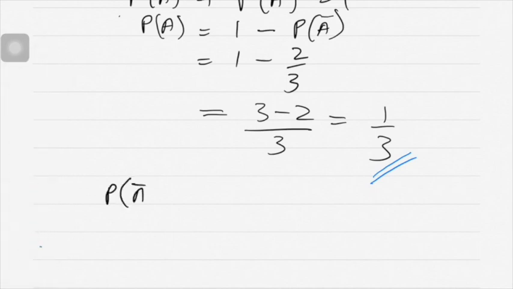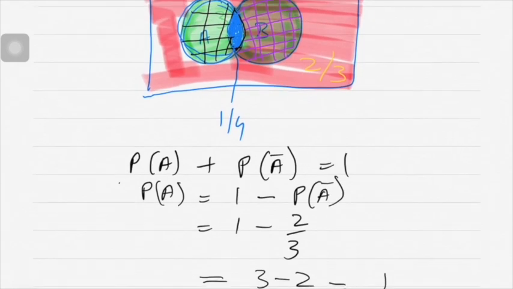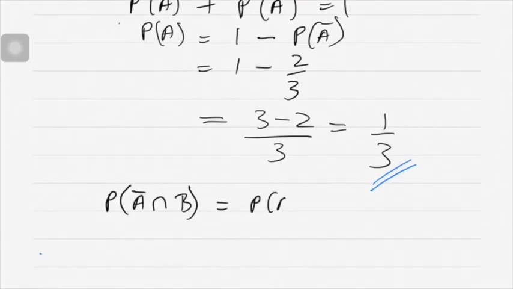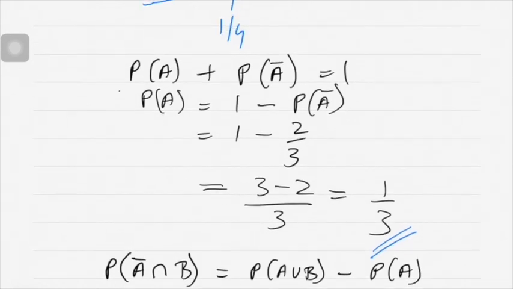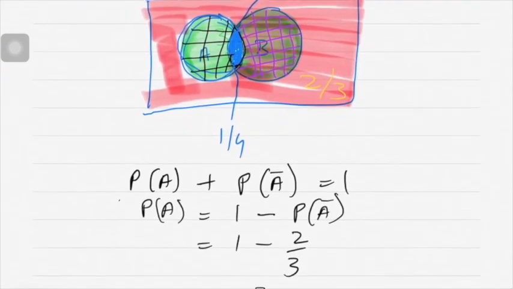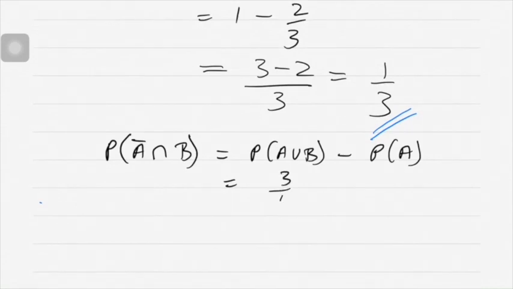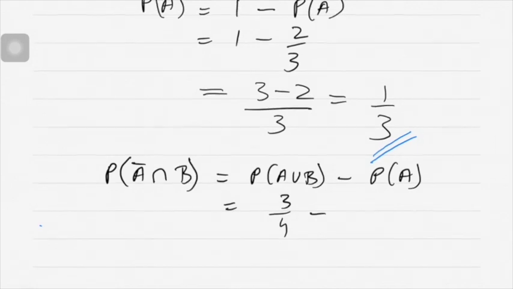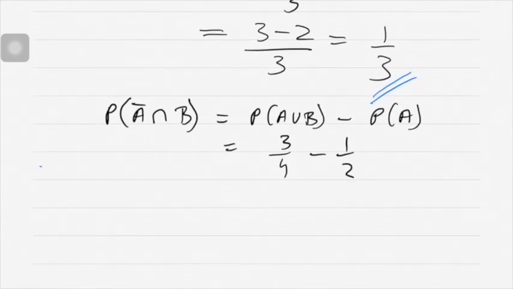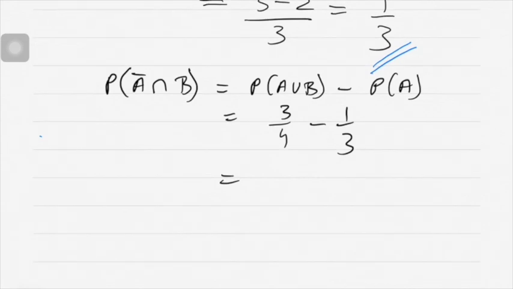P of A dash intersection B will be P of A union B minus probability of A. A union B is given in the question as 3 by 4, minus P of A. P of A you have just calculated as 1 by 3. So 3 by 4 minus 1 by 3.